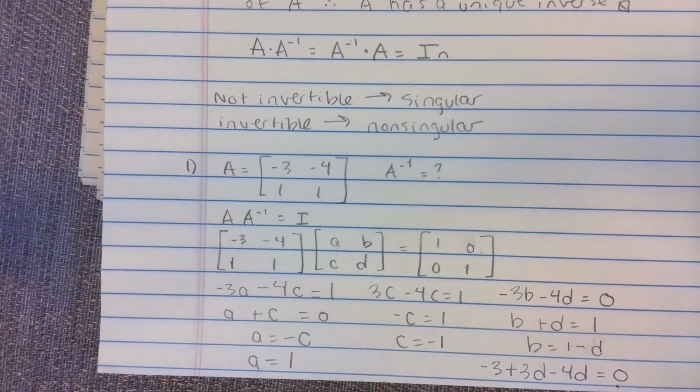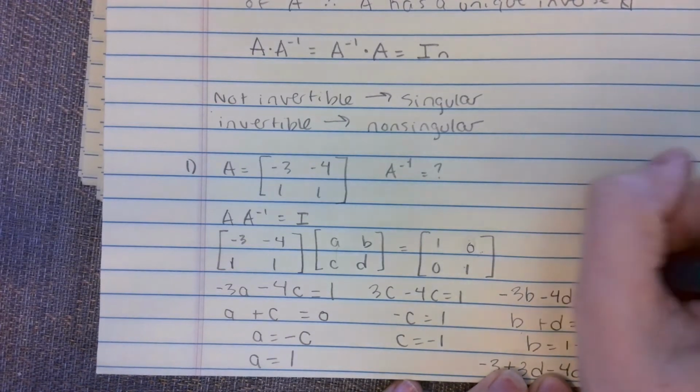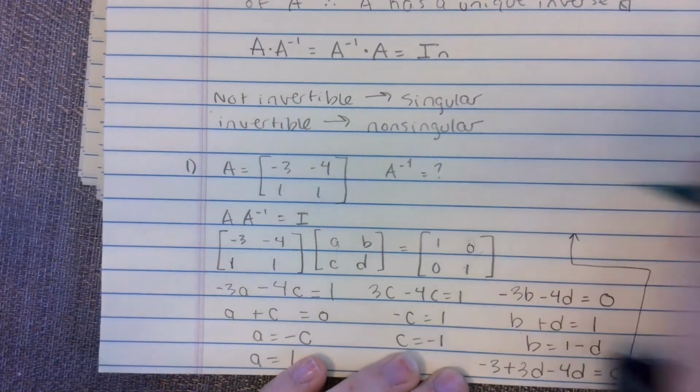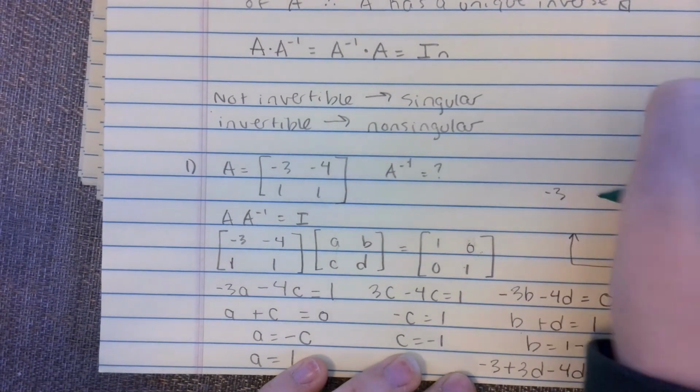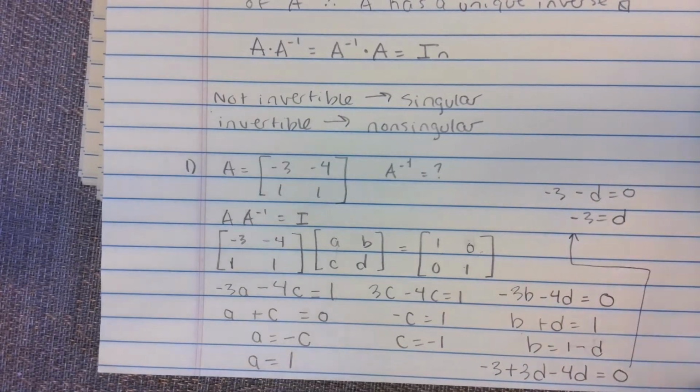Oh, sorry, my computer is having a ball over here. This is what I get for trying to do math in my head on a snow day. Okay, so -3 minus D equals 0. So negative 3 equals D. That means B equals 4.